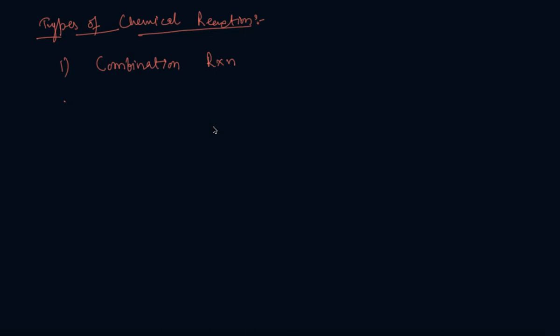So this is what we call a combination reaction, and the example of this was quicklime plus water gives slaked lime. This is aqueous, this is liquid, this is solid. So this is the example of a combination reaction.